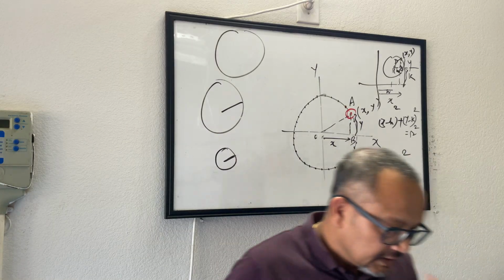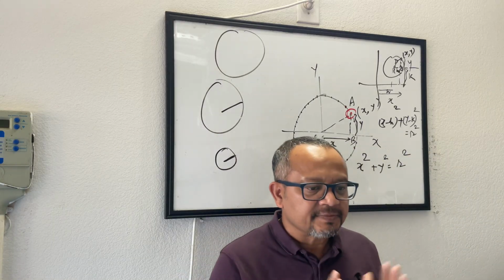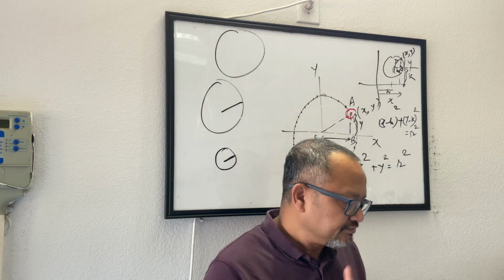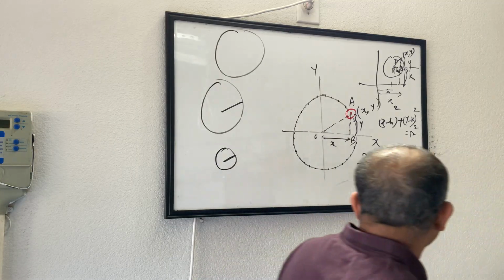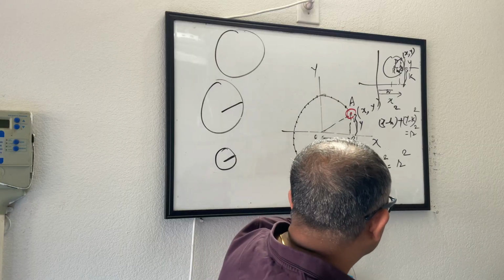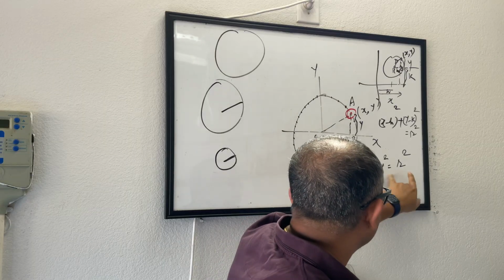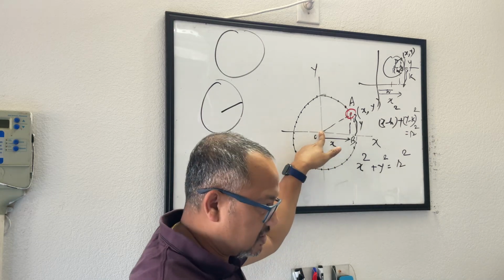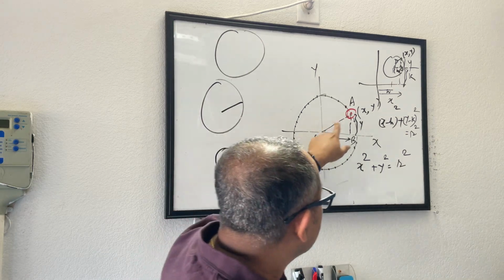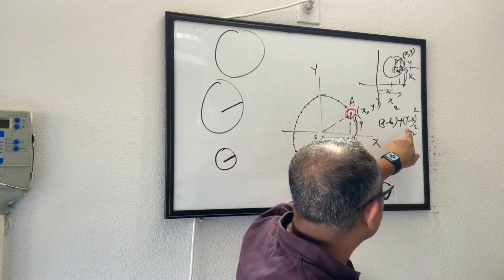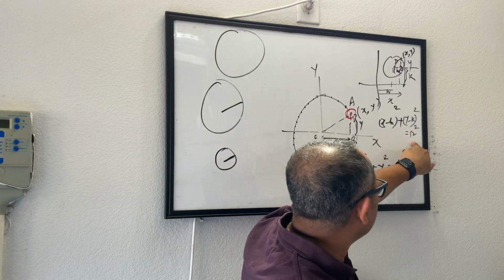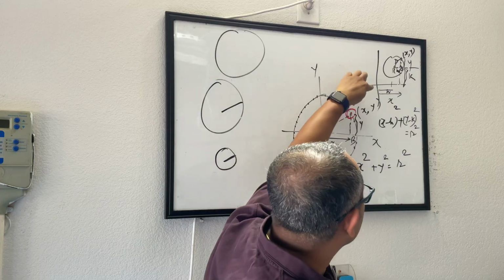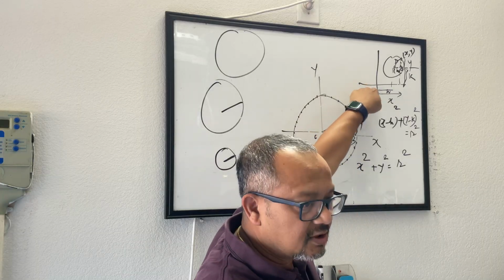Okay. So now the summary of this is, we looked at what the circle equation is. There are two equations only. x square plus y square equal to r square, when the center of the circle coincides with the center of the coordinate plane, and x minus h square plus y minus k square equal to r square, in case the center of the circle is not coinciding with the center of the coordinate plane.